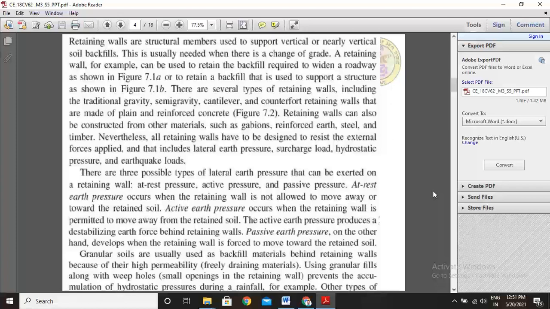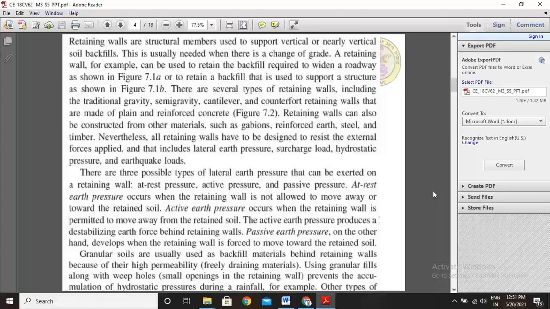Nevertheless, all retaining walls have to be designed to resist the external forces applied, and that includes lateral earth pressure, surcharge load, hydrostatic pressure and earthquake loads.